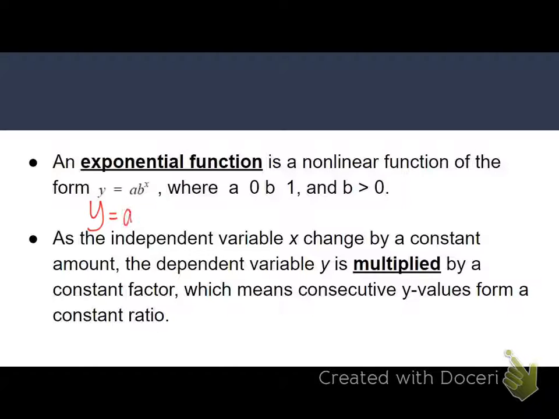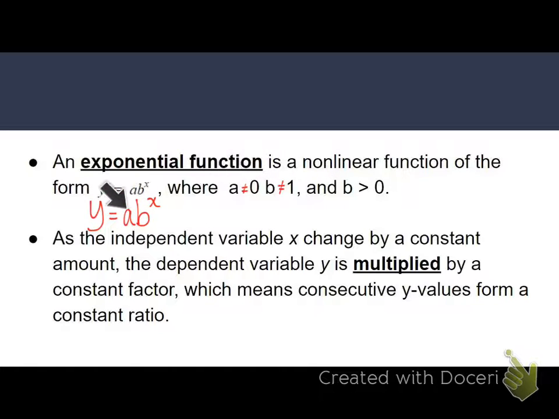Y equals a times b to the x power, where a is not equal to 0 and b is not equal to 1 and b is greater than 0. Those are just kind of technicalities.